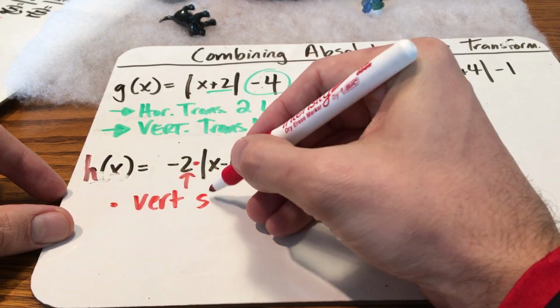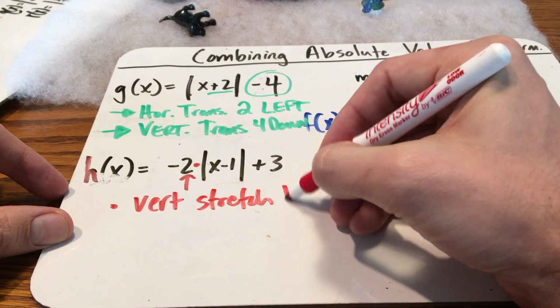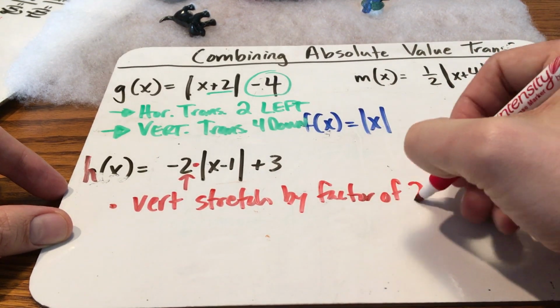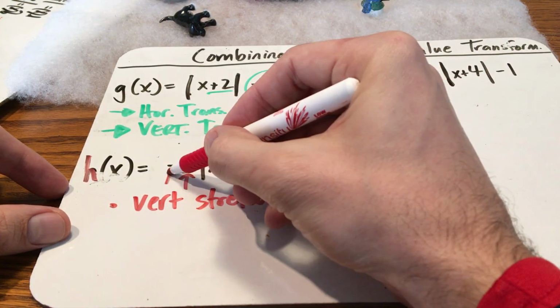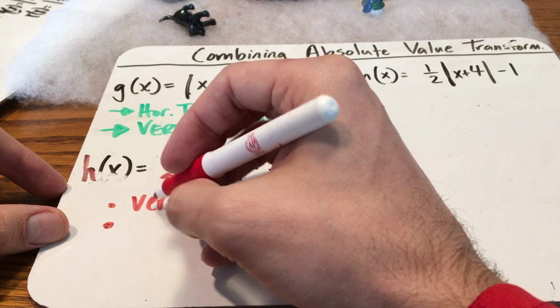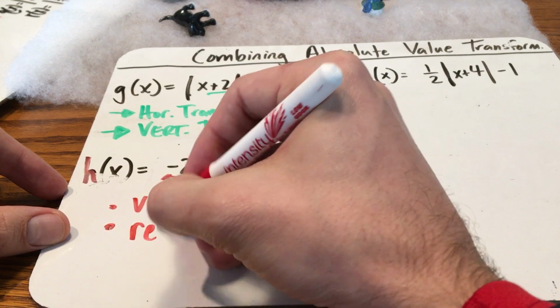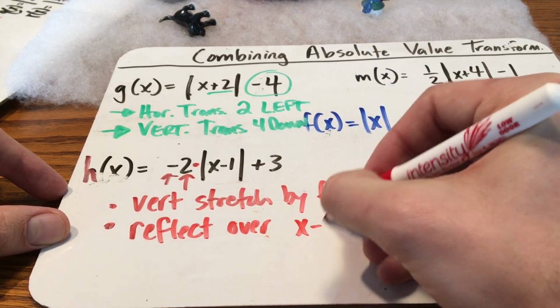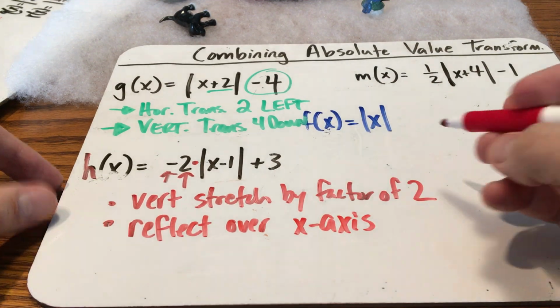That's one thing that's happening, vertical stretch by a factor of 2. Get that on there. The fact that it's negative tells you that they have flipped it upside down. They have made it a reflection over the x-axis. I just put reflect because I'm saving space.